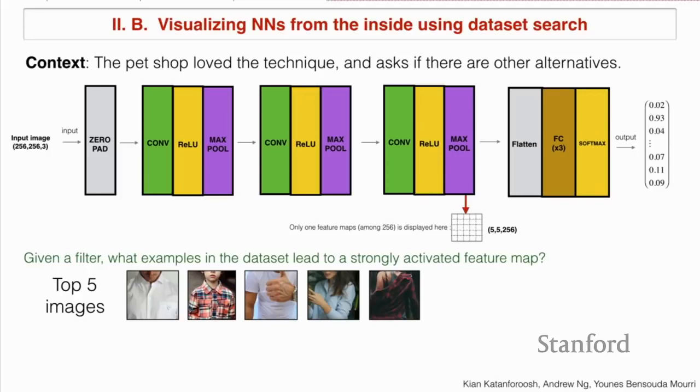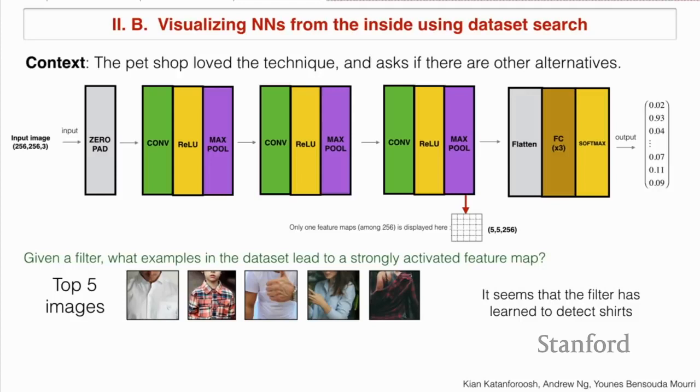So let's say we do it with the first feature map. We notice that these are the top 5 images that really fired this feature map, like high activations on the feature map. What it tells us is that probably this feature map is detecting shirts. Could do the same thing.